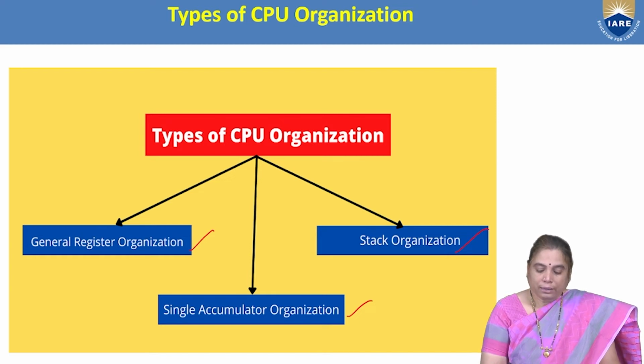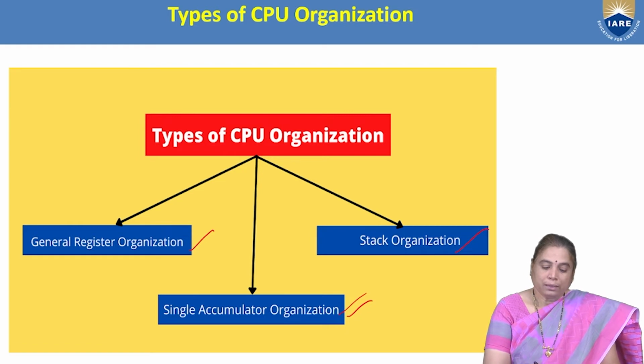And in the single accumulator organization, one component has to be used as the accumulator, and the other operand can be identified with the help of the address specified in the instruction format.